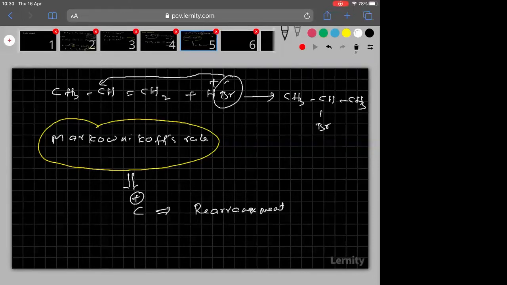I told you in the last class: hydride shift, methyl shift or ring expansion. All these are called rearrangements. Why does rearrangement happen? To stabilize the carbocation. I told you one principle: if the carbocation is more stable, then the yield of the product will be very good.